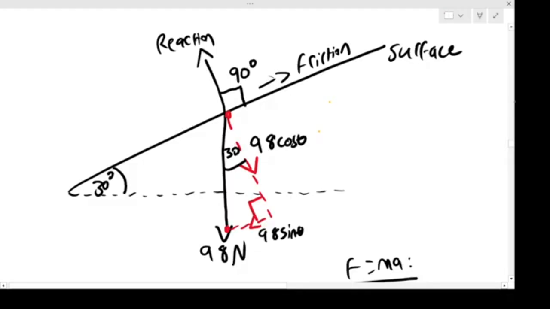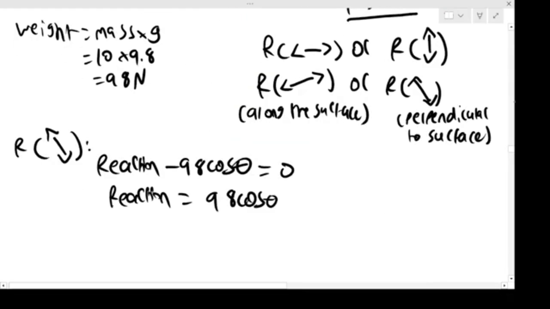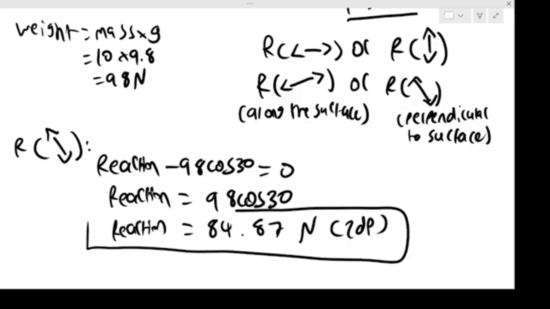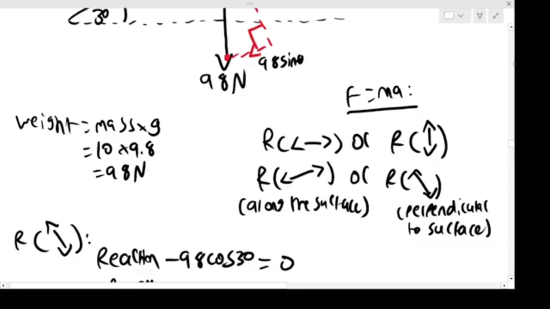So cos theta becomes cos 30, and so the reaction is 98 times cos 30, which is 84.87 newtons. Okay, so I can add that onto my diagram.